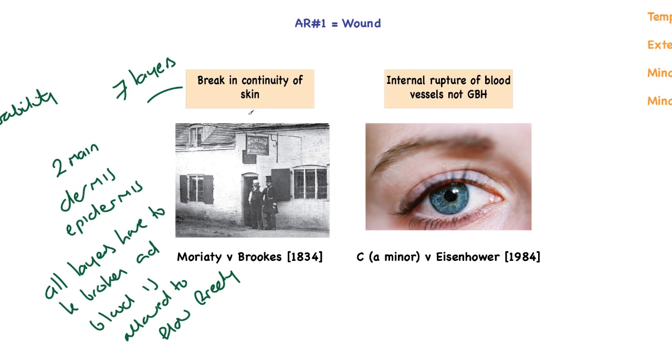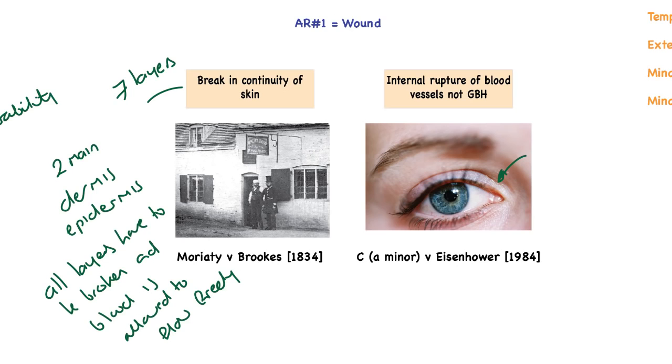The more famous case, the one that most people use, is the one of Sear Minor versus Eisenhower, 1984. And in that case, the defendant shot the victim with an air gun, and the pellet hit the victim close to the eye. That results in a bruise below the eyebrow and fluid filling the front of his eye. We've all seen that when somebody's eye goes bright red and it looks very, very bloodshot.